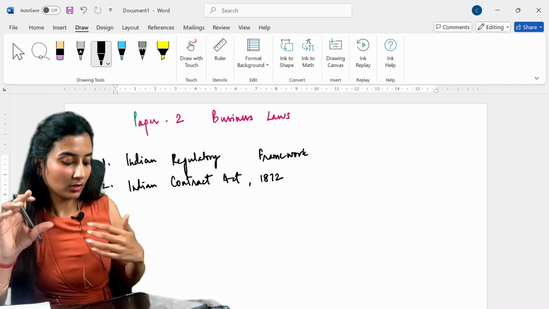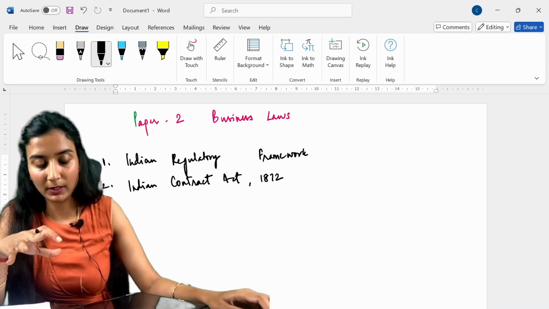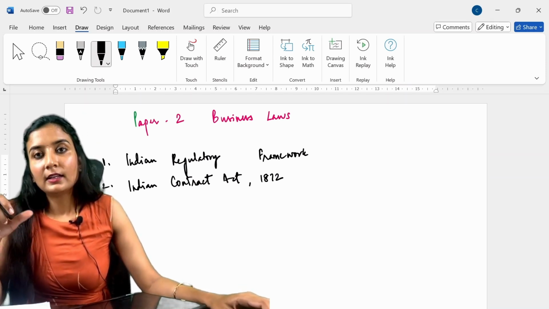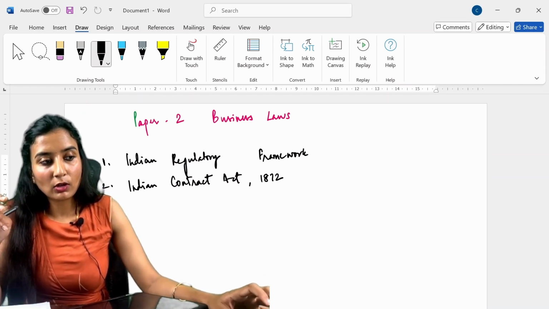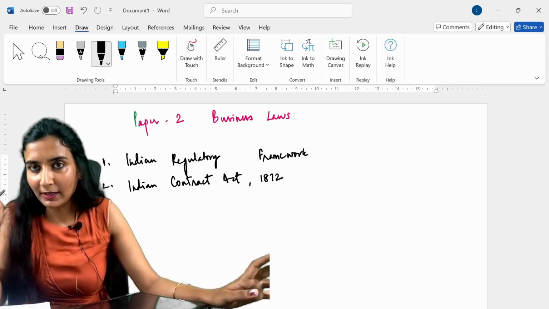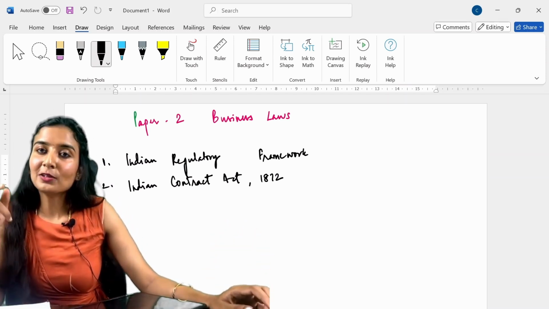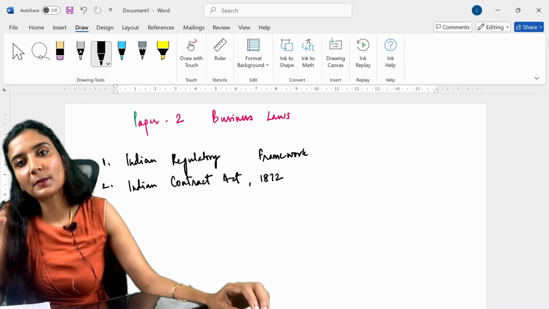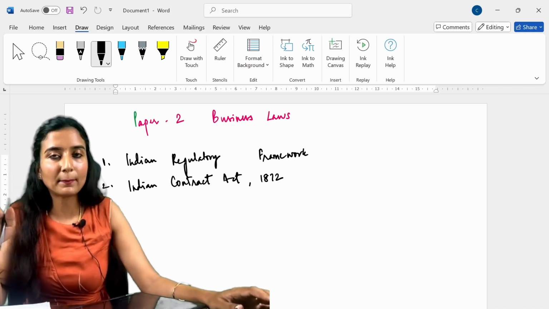So I just want to talk a little about this particular act. See, Indian Contract Act covers almost around 50% of your study material or syllabus. Similarly, it has around 50% of weightage in your paper as well.